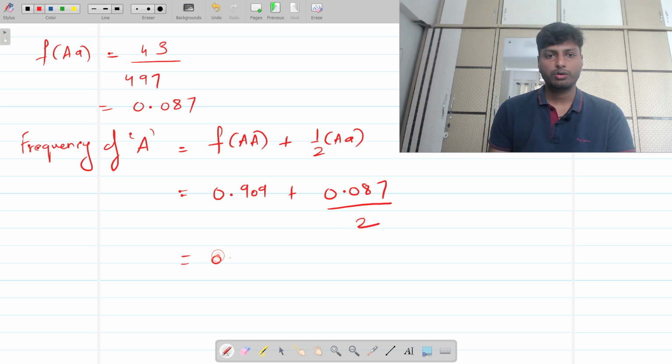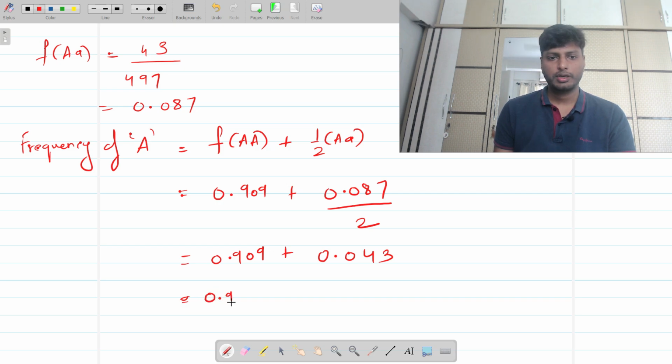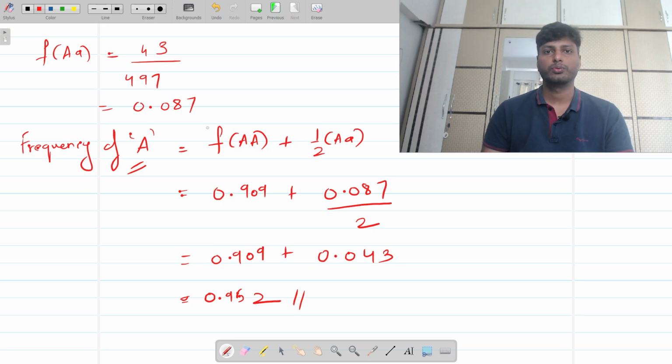So this will be around 0.909 plus 0.087 divided by 2, which is roughly around 0.043. I'm just taking a rough calculation. So if you calculate this, this will be approximately around 0.952. That means the frequency of allele capital A is nothing but 0.952.